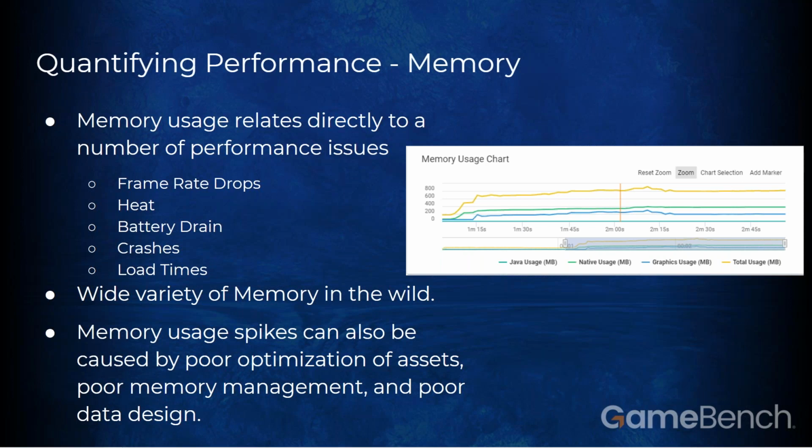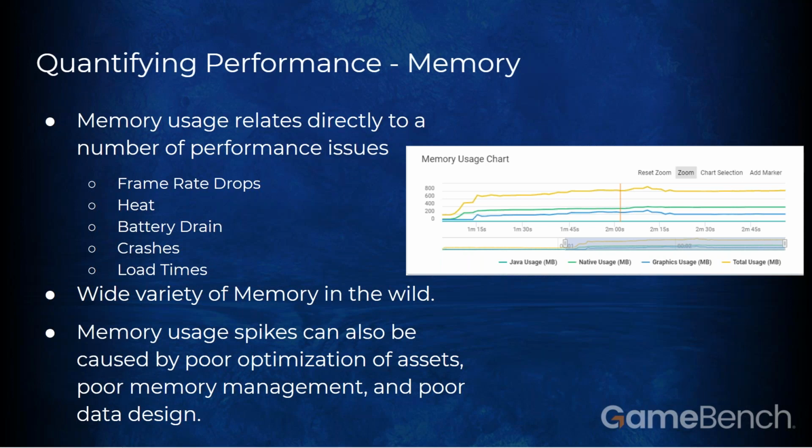And when we talk about memory, we're talking about a wide variety, just like with GPUs or CPUs for that matter. There's a huge variety in the quality, speed, and capacity for memory. And you have to account for that when you're doing your testing and development. You have to think about, not everybody is running the latest iPhone, not everybody is running the latest Pixel device or the latest and greatest from Samsung.